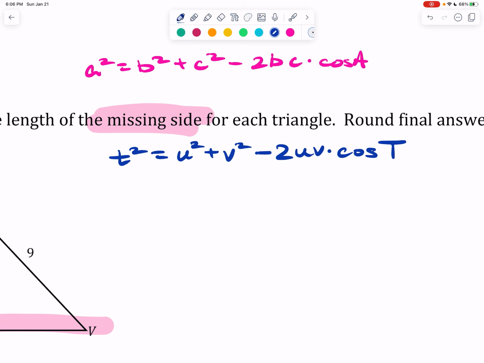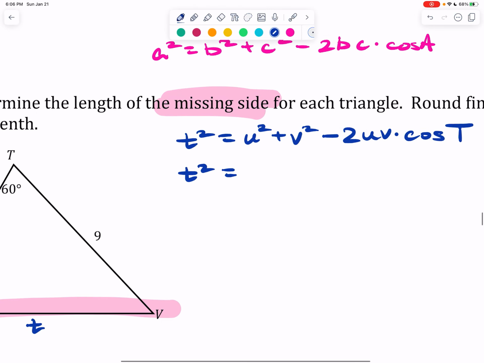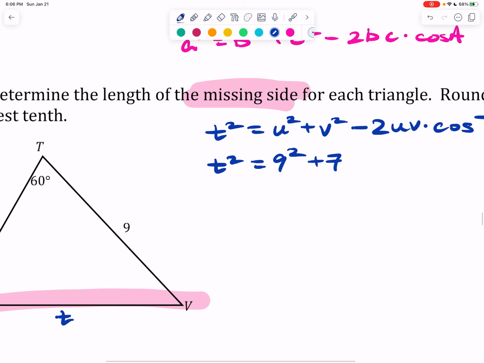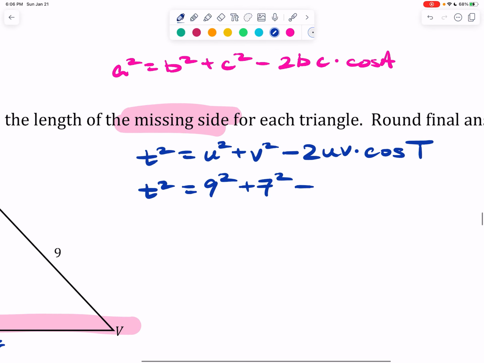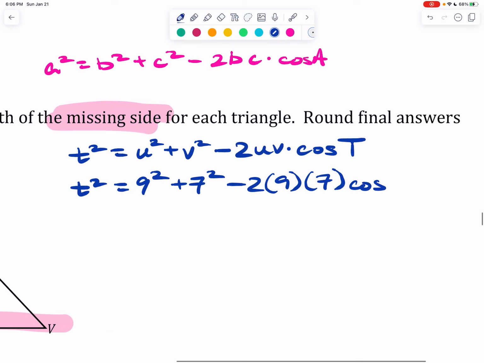From here, subbing in all the things we know. t squared is u squared, u is 9, plus v squared, where v is 7, minus 2 times u times v times cos of that angle of 60 degrees.